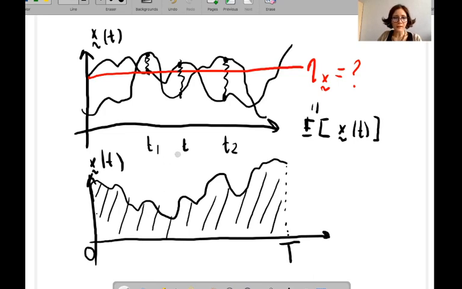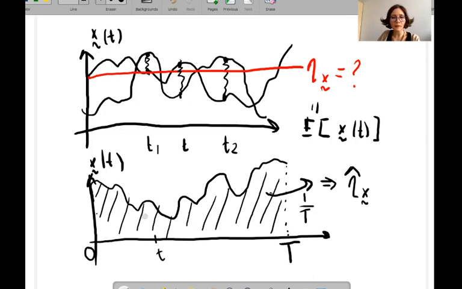In the other case, the estimate, you took this integral and multiplied with 1 over t. This gave us the estimate, eta x with a hat. This is not obtained by looking at the random process at a single time instant t.